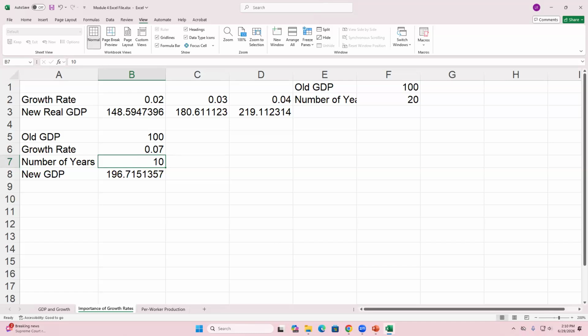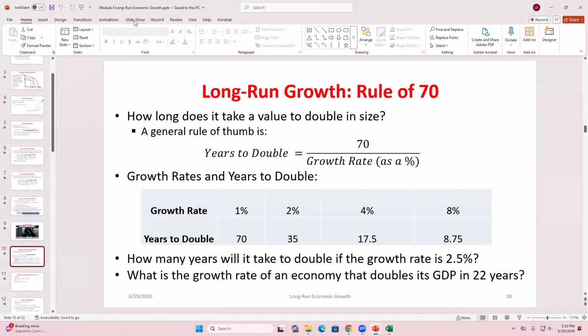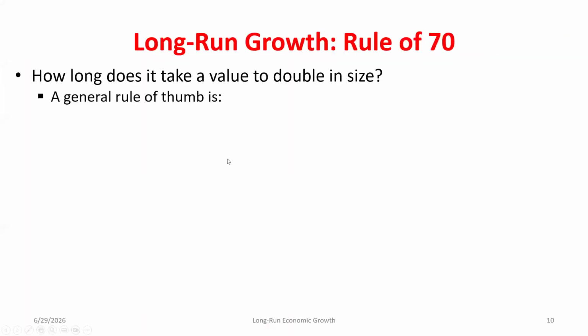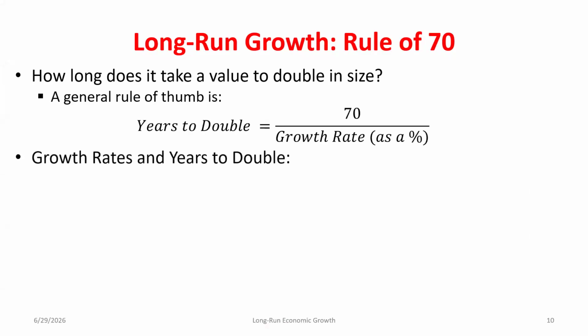So a little bit of review, which is a different example of what we talked about last class. I'm then going to go into a general rule of thumb we can use to determine when a real GDP will double. The general rule of thumb is we would take 70 and divide it by the growth rate. However, when we're using that general rule of thumb, we divide by the growth rate as a percentage.